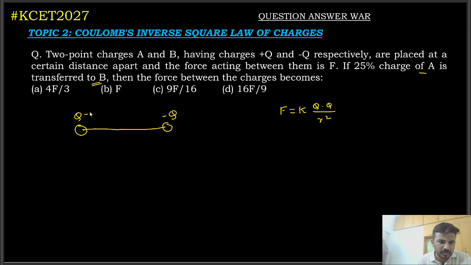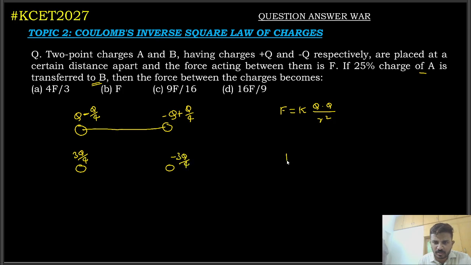So if 25% is reduced from this, that is Q by 4, 25% means 1 by 4th of that Q value is given to the negative charge. It is subtracted from the first charge, added to the second charge. Then the charges become 4 ones are 4 minus 1 is 3Q by 4. 4 ones are 4 minus 4Q plus Q is minus 3Q by 4.